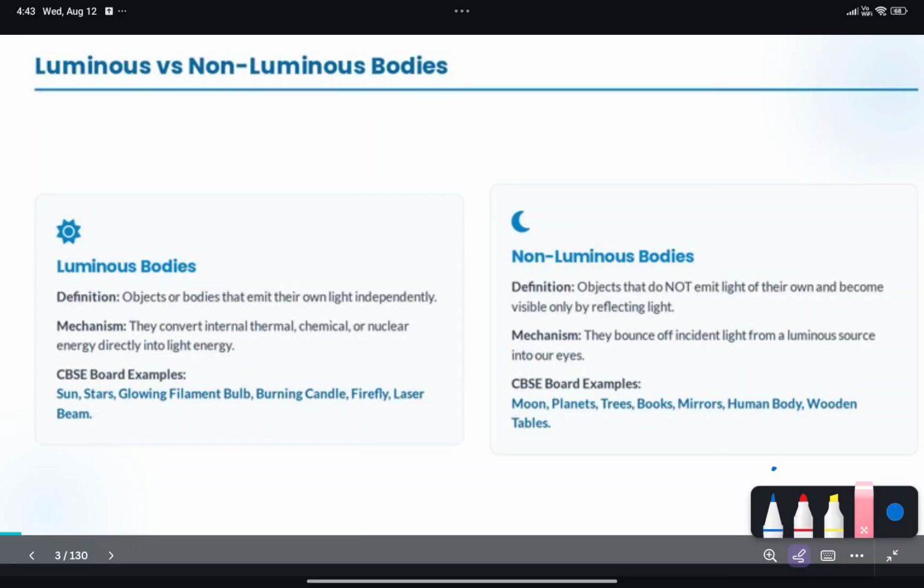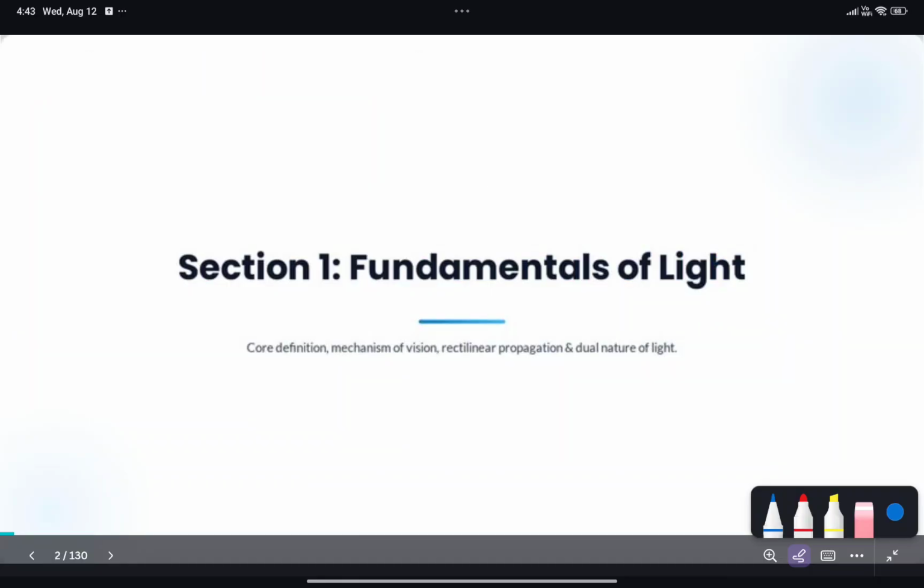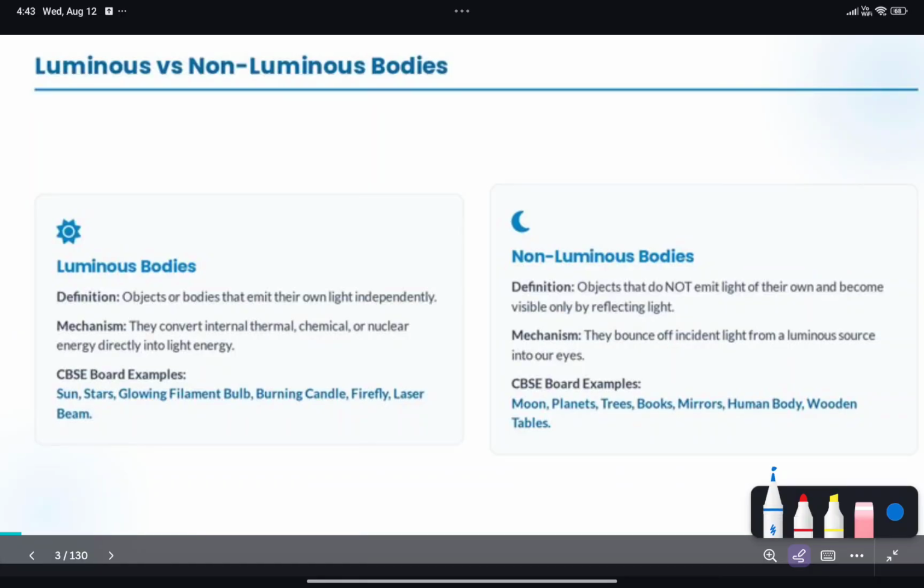What is the reason behind that? Due to reflection of light. Clear? They bounce incident light from the luminous source into our eyes. How does the non-luminous body's mechanism work?